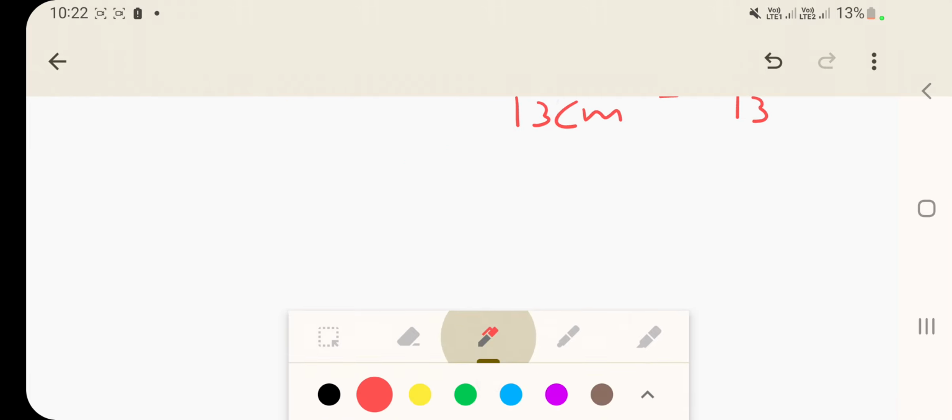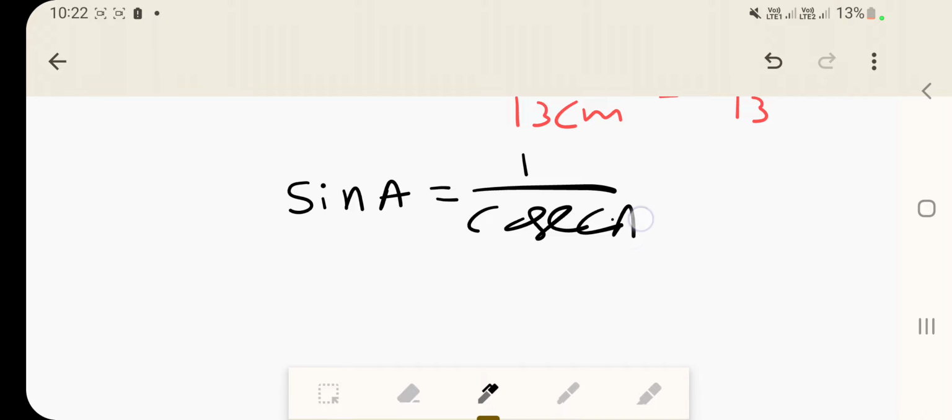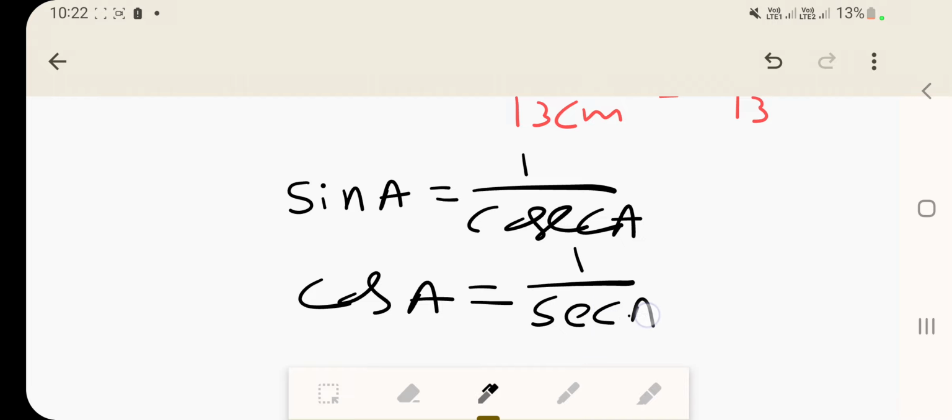Another important relation with respect to the ratios, as we have seen already, and I am just briefing here: sin A is 1 by cosecant A, and cos A is 1 by secant A, and vice versa we can write.